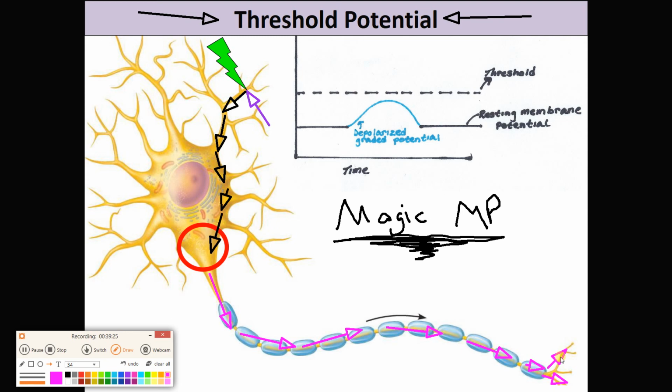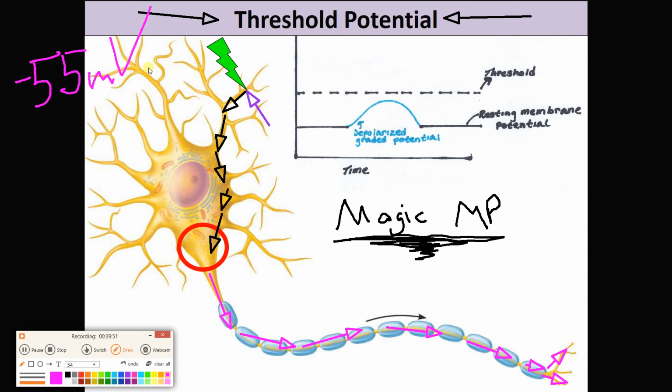Even your longest axon, the one from your lower back to the bottom of your foot. Now, this threshold potential, it does have a value. The value is negative 55 millivolts. So the threshold potential has a value. That value is negative 55 millivolts.